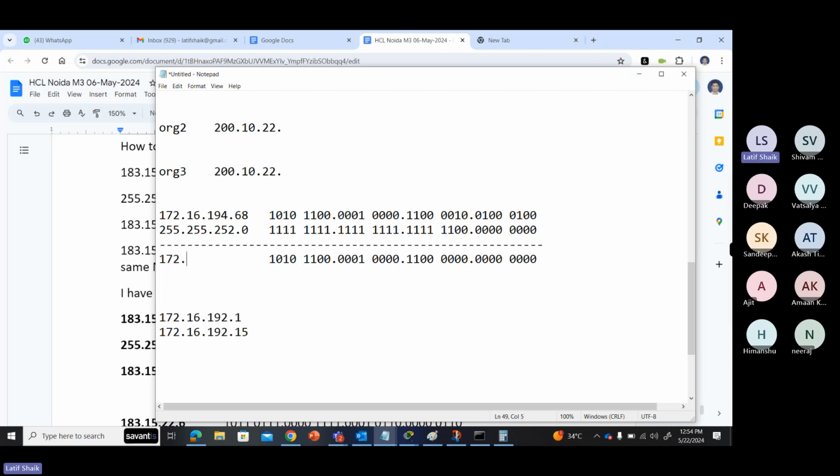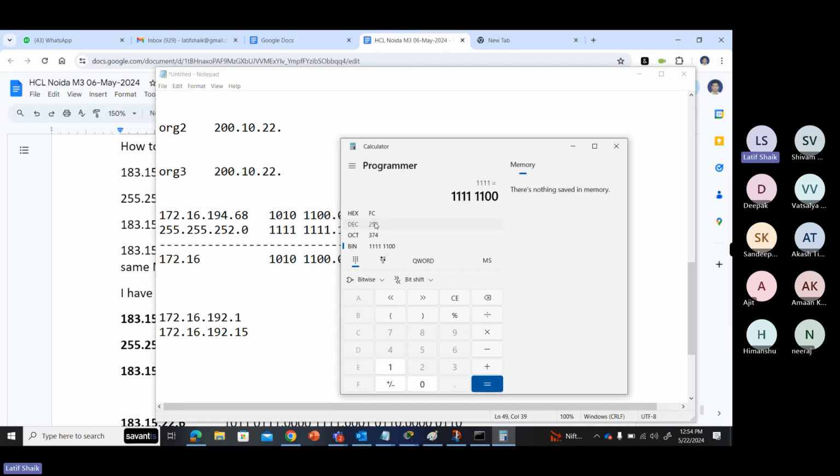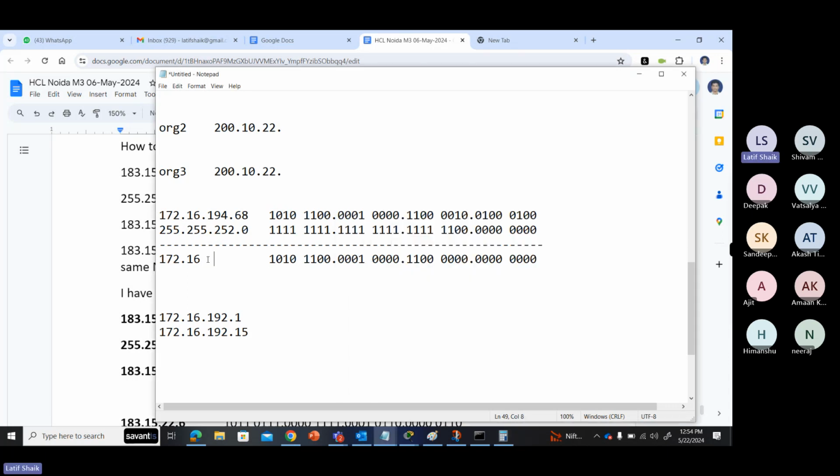It is 172.16. These values are the same as you can see from here, but this value is different. What is this value? Find out. 11000000. What is it? 192. So this is the actual network ID.